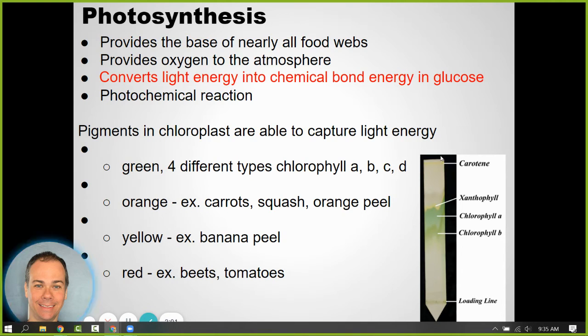Okay. So photosynthesis is extremely important, obviously. It provides the base of all food webs and all ecosystems. They're all based on photosynthesis, right? If you don't have plants, you can't have the rest of the ecosystem.